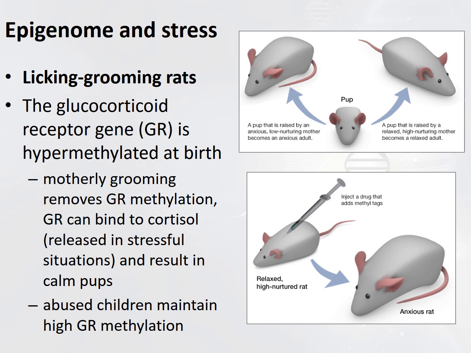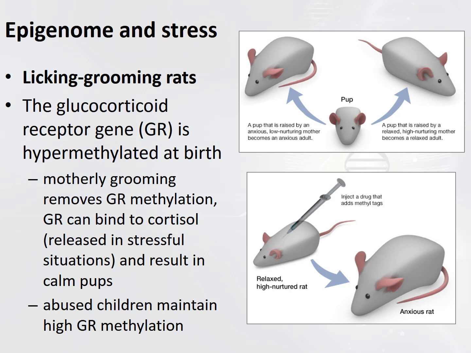You can think of it almost as if, figuratively, she was licking the methyl groups away from the glucocorticoid receptor, allowing more of it to be produced and for the pups to deal better with stress.